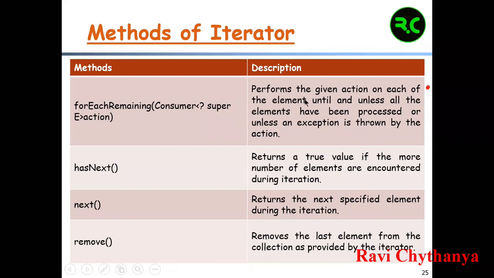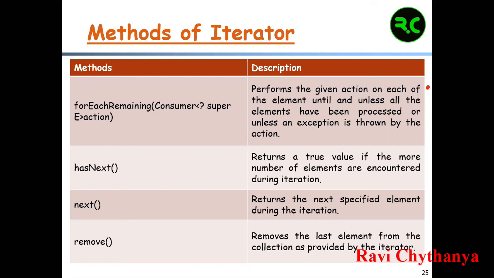Which is going to perform the given action on each of the elements until all the elements have been processed, or unless an exception is thrown by the action directly. So whatever action you want to perform, you can perform on the elements of the given collection until all the elements have been processed.